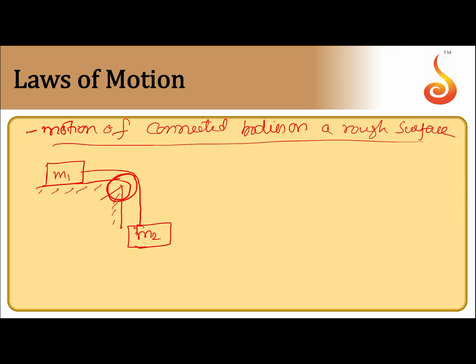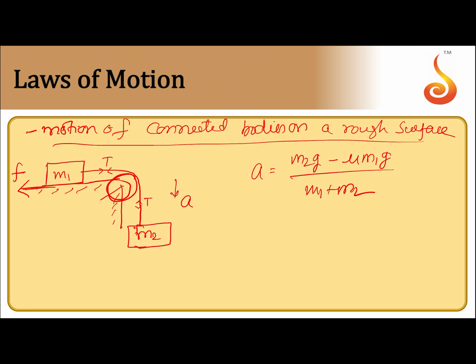Now, you may notice that force of friction acts along this direction, and of course the tension is T in the string, correct? And assuming the system to accelerate in the downward direction, then the acceleration of the system is equal to m2g minus mu m1g divided by m1 plus m2. How to get this one?